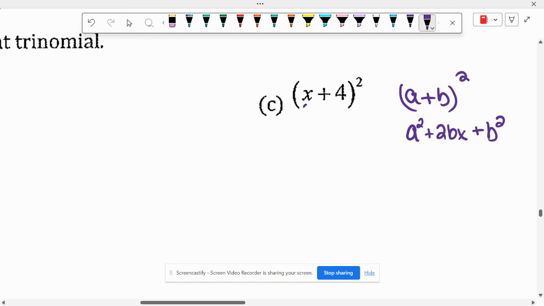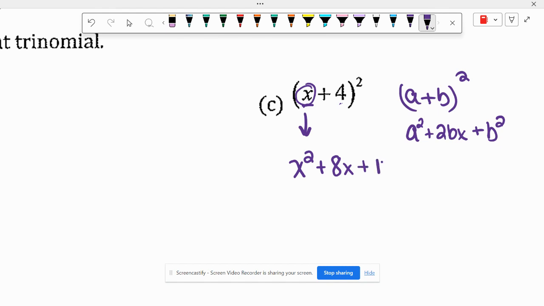Well, the first term squared is what? If x is the first term, what is that squared? It's x squared. Then I take 2 times the b term, 2 times 4, times x. And then I take the b term again and I square it.